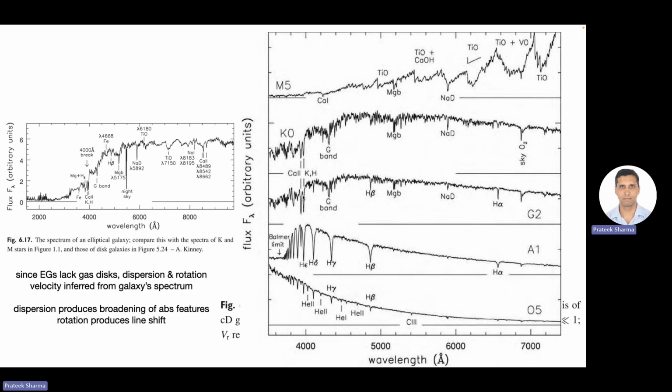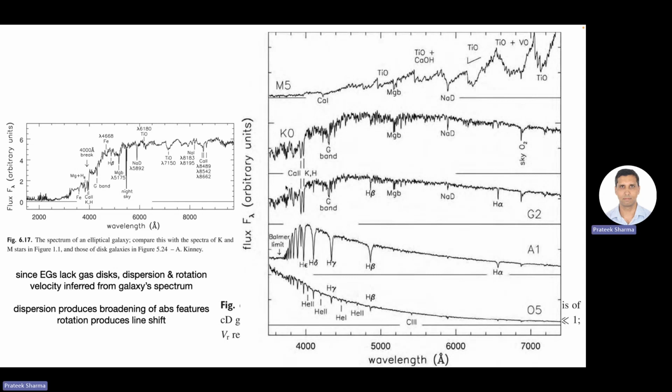Because of this randomness. Some stars are coming towards us, some are going away from us, and if you add all of them together, it's like summing up all these narrow lines with some spread in velocity. So it will be broadened. This gives us a hint that the broadening of these features will tell us something about the line of sight velocity spread in the stars.